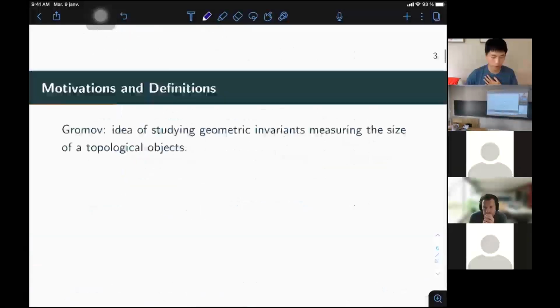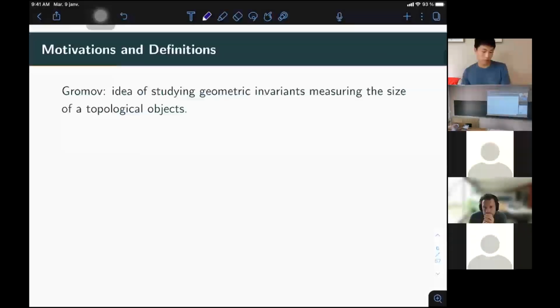Let's see. Right, so Gromov, with previous work of Thurston, had the idea of studying geometric invariants in order to measure the size of a given topological object. It could be a homology class, it could be, say, a smooth manifold. And in that case, I'm interested in the minimal volume.